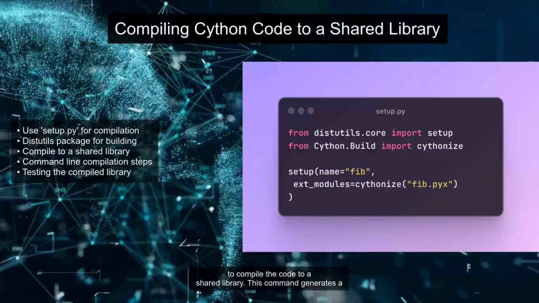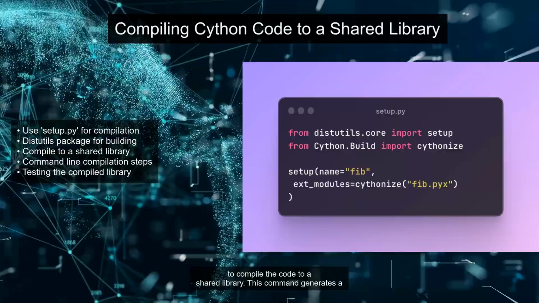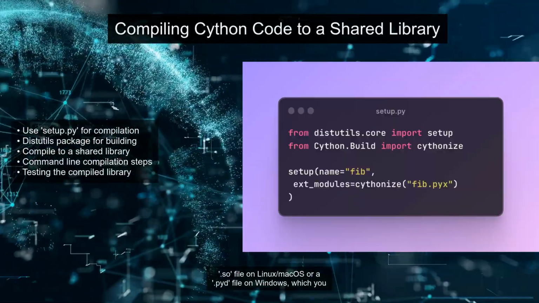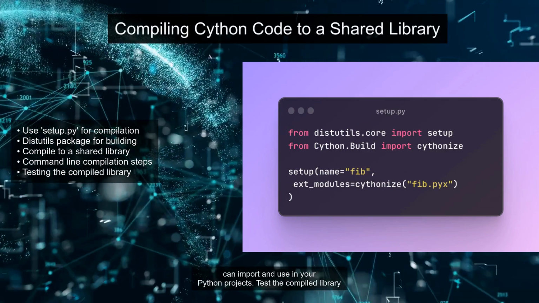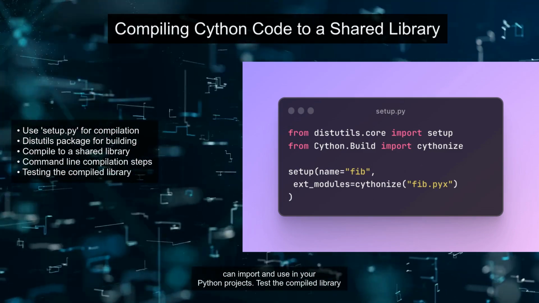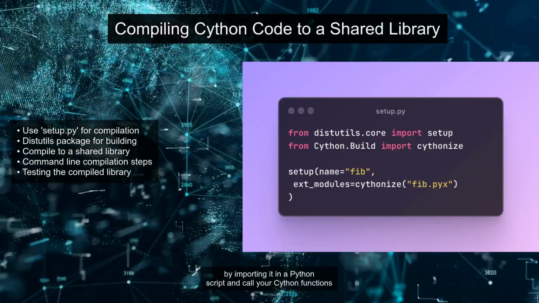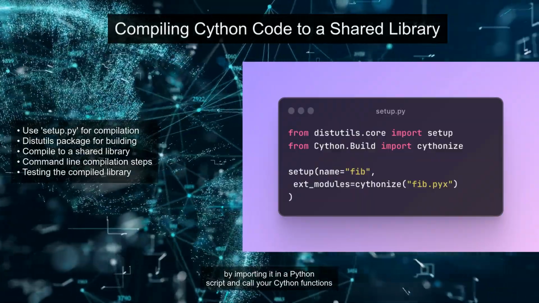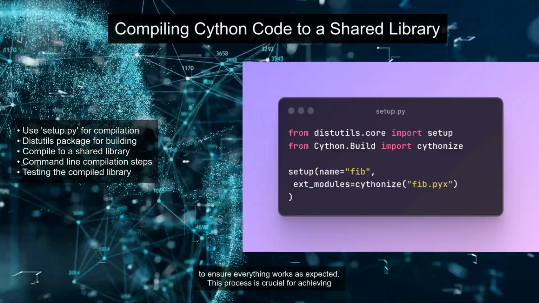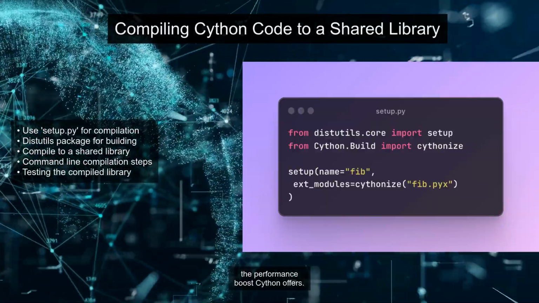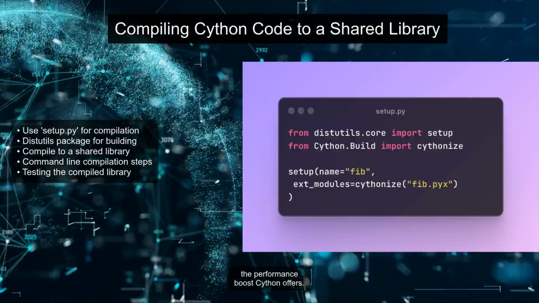Run python setup.py build_ext --inplace in your terminal to compile the code to a shared library. This command generates a .so file on Linux or macOS, or a .pyd file on Windows, which you can import and use in your Python projects. Test the compiled library by importing it in a Python script and calling your Cython functions to ensure everything works as expected. This process is crucial for achieving the performance boost Cython offers.